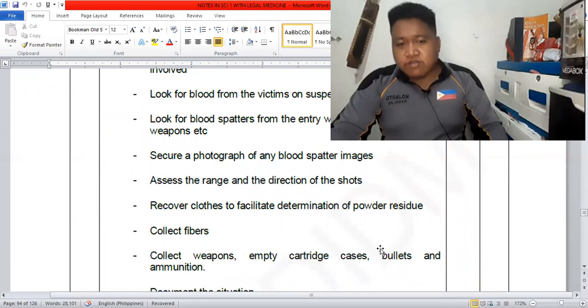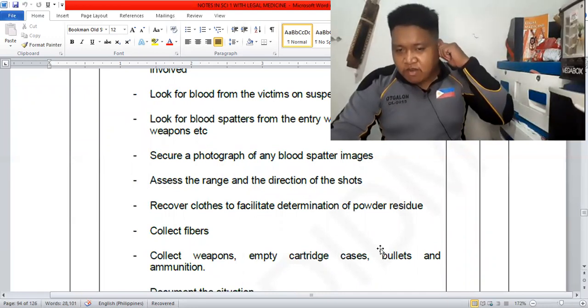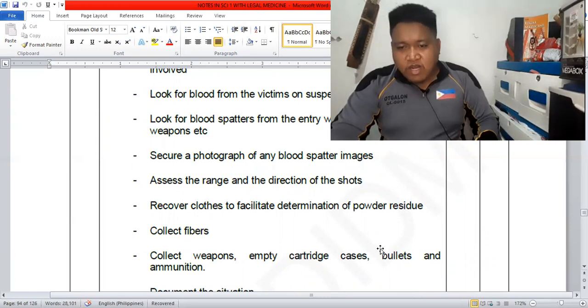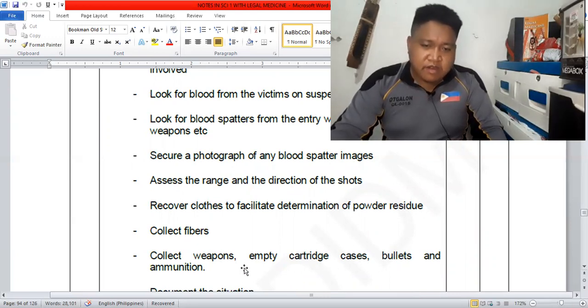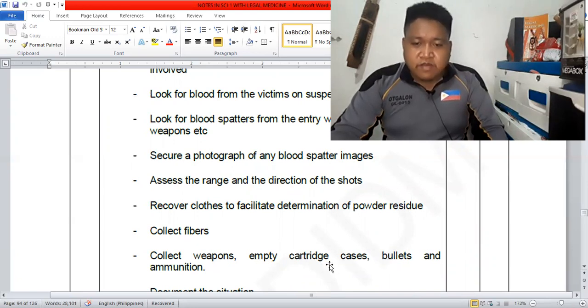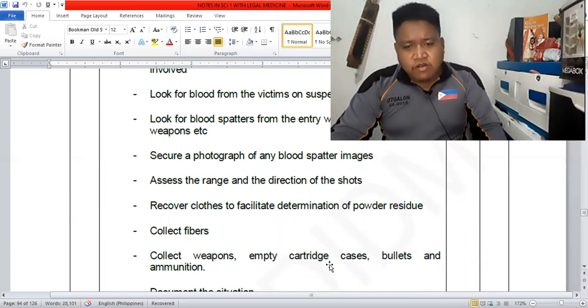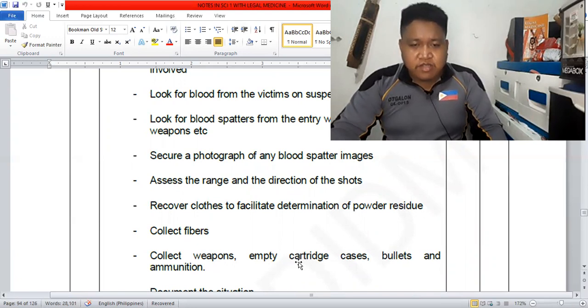Collect fibers. Collect weapons, empty cartridge cases, bullets, and ammunition. So do not forget the difference of ammunition, bullet, cartridge cases. You have your marksmanship, so therefore you should know. What's the difference of cartridge case, bullet, and ammunition?